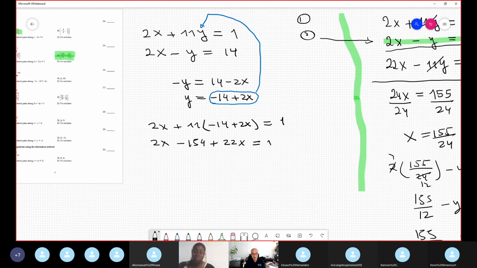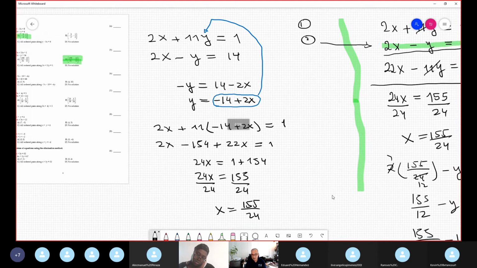This is positive, because 11 is positive and 2 is positive. So 24x is equal to 1 plus 154. 24x is equal to 155 divided by 24. Finally, we get the same answer. 155 over 24. It's exactly the same answer we get.